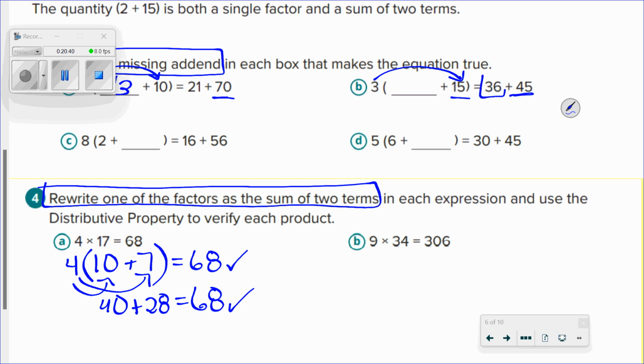So now we're looking for what number times 3 would give us 36. So 3 times what gives us 36? 12. All right. We're multiplying by what number in C? 8. 8 times 2 is 16. So now we're looking for 8 times what gives us 56?